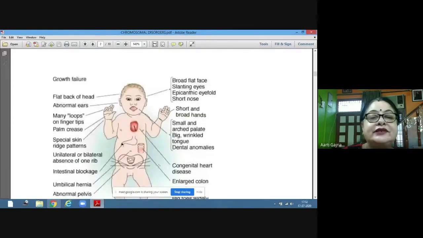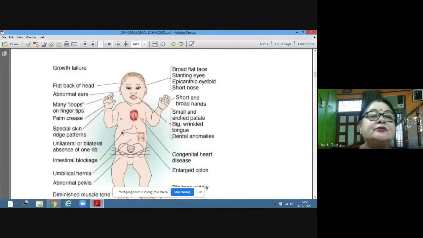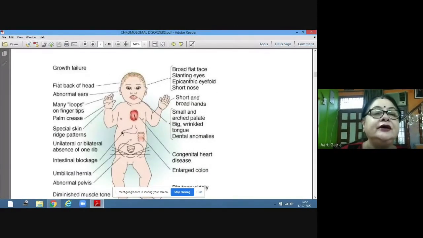Now just see this. These are the symptoms: growth failure, flat back of head, abnormal ears, many loops on fingertips, then the palm crease, as I told you, this characteristic palm crease is there. Special skin ridge patterns are there.